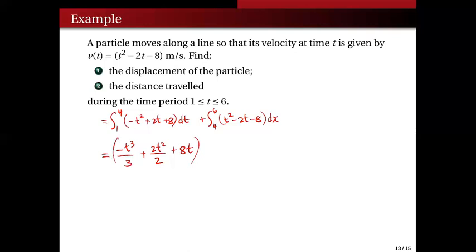This guy here, you evaluate from 1 up to 4 only. Then plus, here you have again t cubed over 3 minus 2t squared over 2 and then minus 8t. For this guy, you evaluate from 4 up to 6.